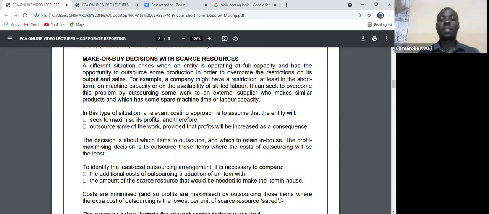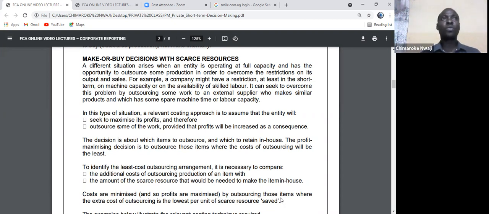Now, look at it. If you want to outsource something, you want to give out the work for people to do for you, you will rather give out jobs where you will spend the least. And you will rather take in jobs where, if you had outsourced it, you will pay the most.